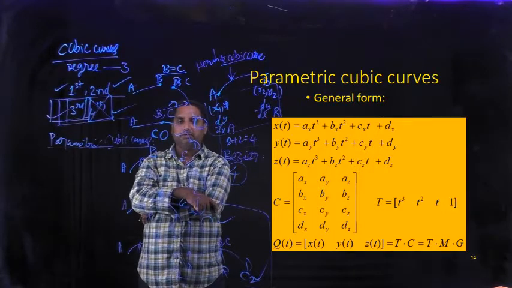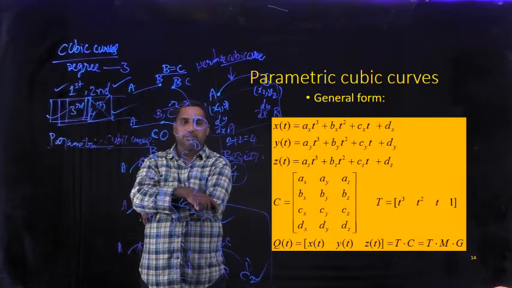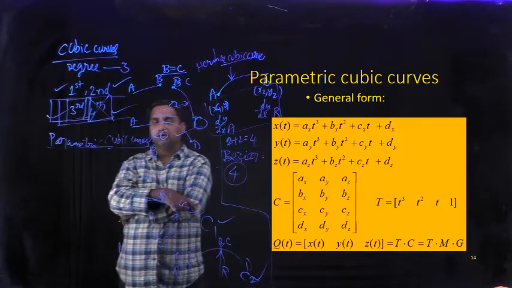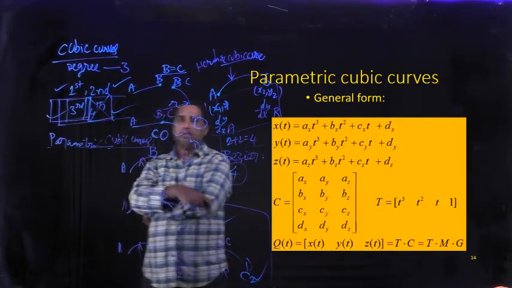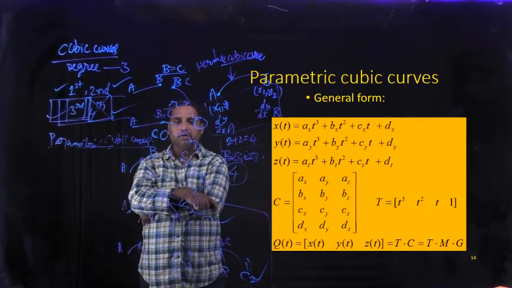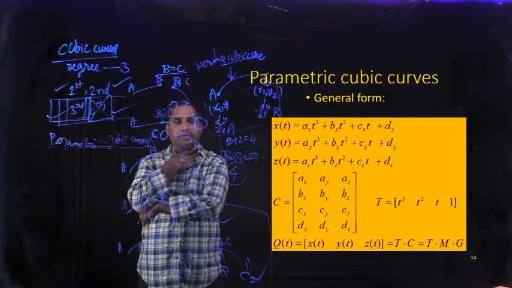Next, y of t equal to ay t cube plus by t square plus cy t plus dy. 4 constants and the parameter is t. Next, z of t: az t cube plus bz t square plus cz t plus dz. 4 constants and 1 parameter. These are x of t, y of t, and z of t. The 3 coordinates are represented in terms of the parameter t.